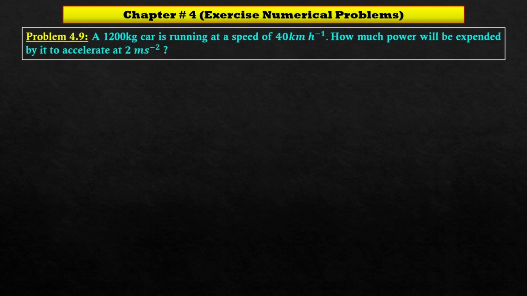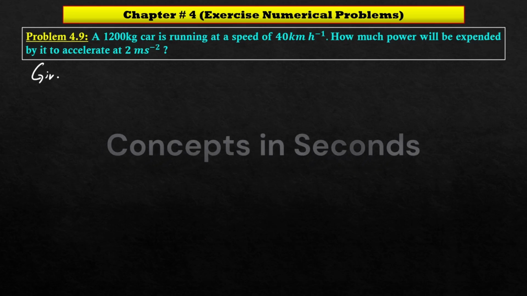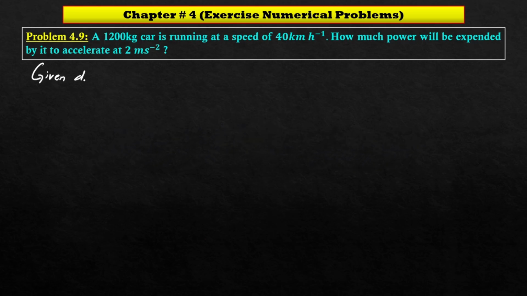Numerical number 4.9. A 1200 kilogram car is running at a speed of 40 km per hour. एक कार है जिसका mass है 1200. So given data is mass of the car is 1200 kilogram, running at a speed of 40 km per hour.